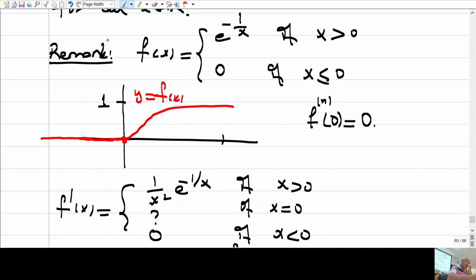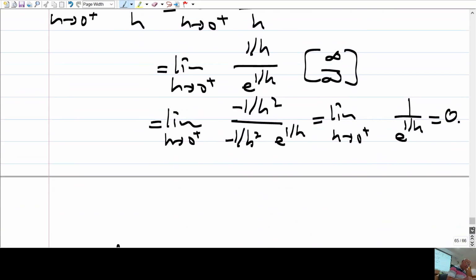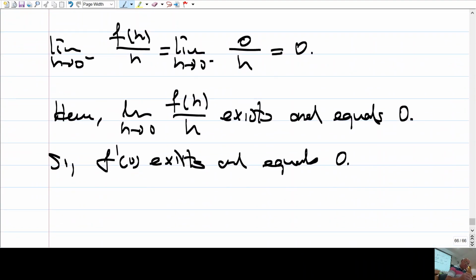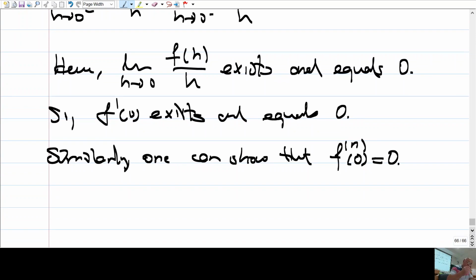Now, if this function were analytic, so if f were analytic, similarly, one can show that all the derivatives of f at 0 exist and are 0.